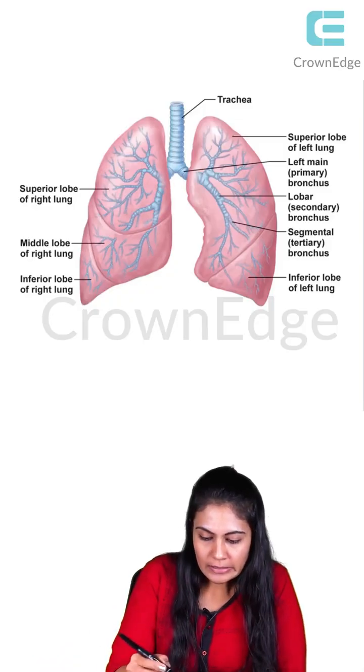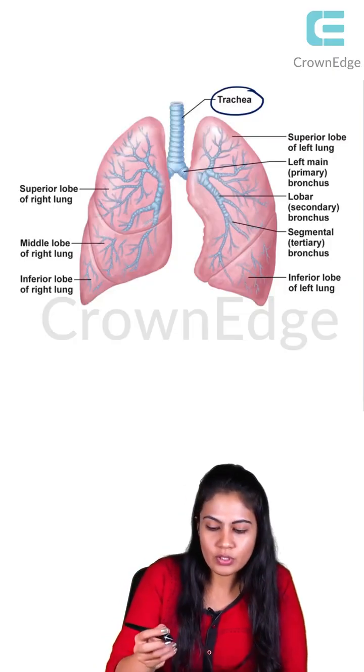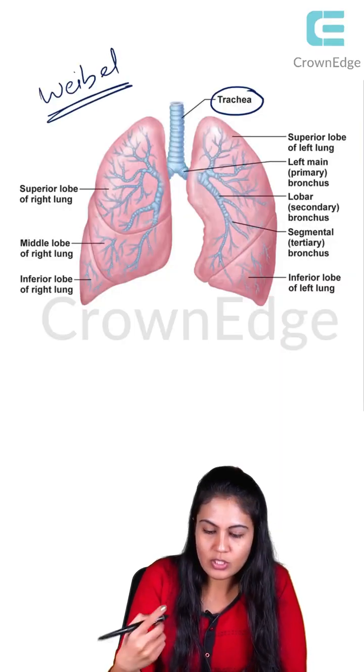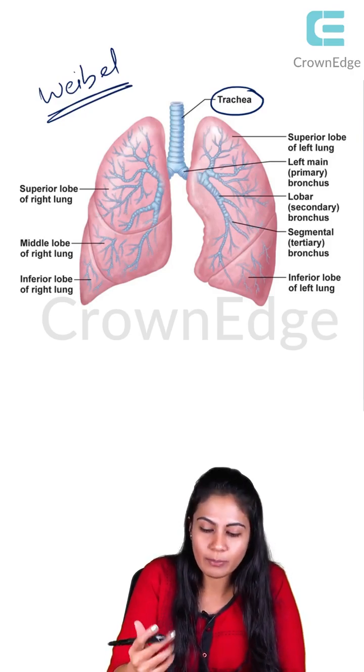Here is the division. A classification is done on this division, known as Weibel's classification, that we'll study later on. Just remember the parts of this windpipe.